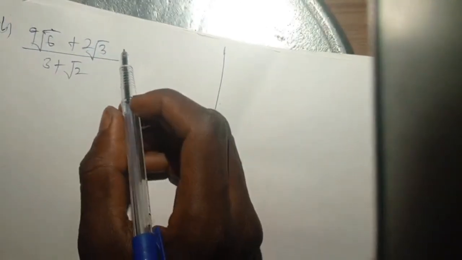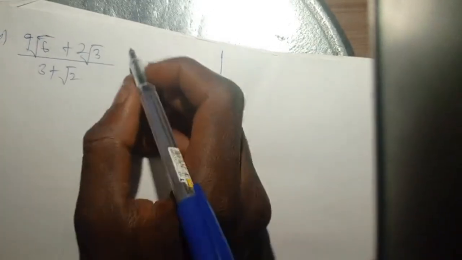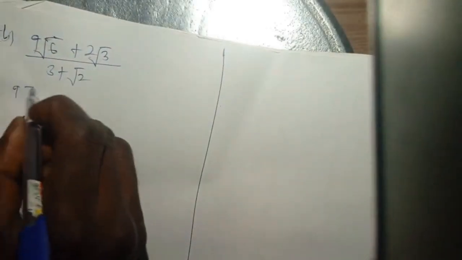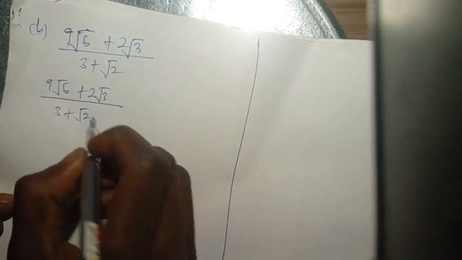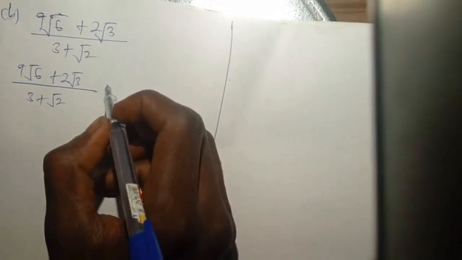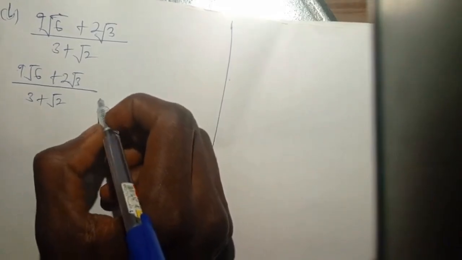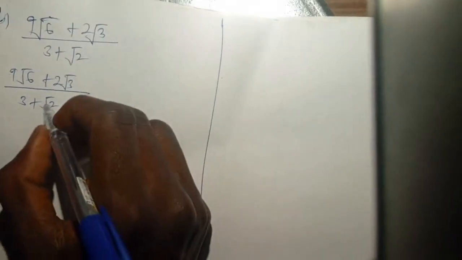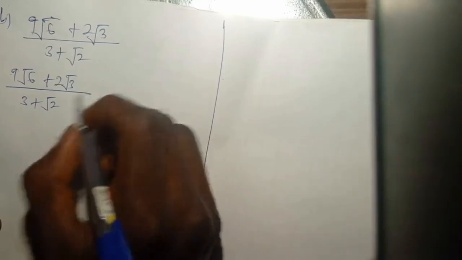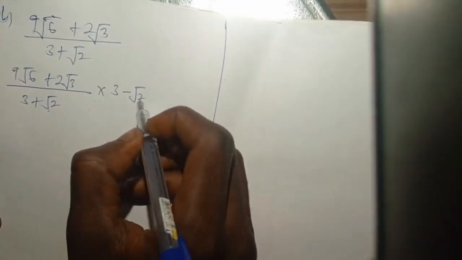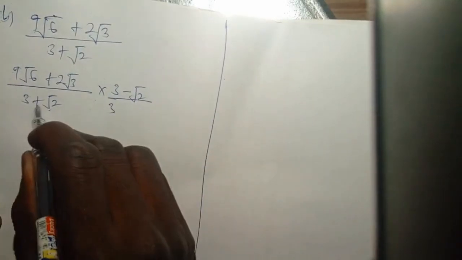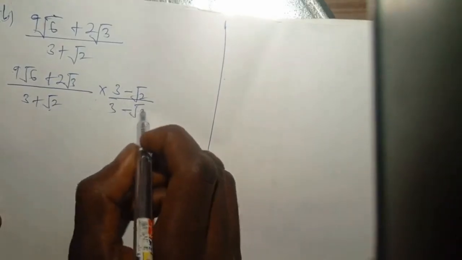So by rationalizing, we say that this question, 9 root 6 plus 2 root 3 over 3 plus root of 2. Now how do we rationalize this? By multiplying the numerator and denominator by its conjugate, the conjugate of the denominator, then times 3 minus root of 2 all over 3 minus root of 2.